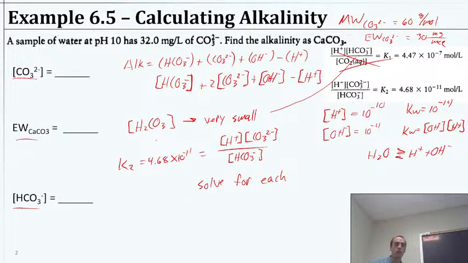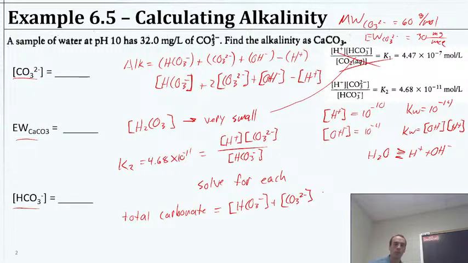Let me elaborate on that for a moment. Given that we assume that H2CO3 is negligible, we can say that our total carbonate should be equal to the HCO3 minus plus CO3 2 minus. So this gives us a second equation that we can use.